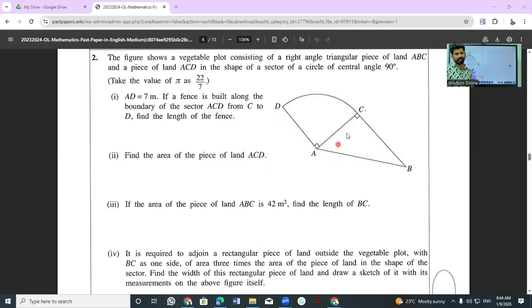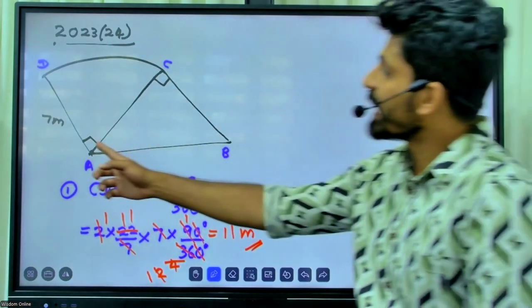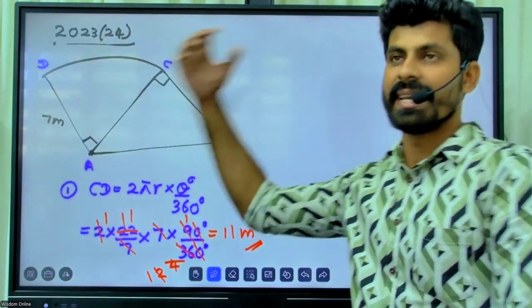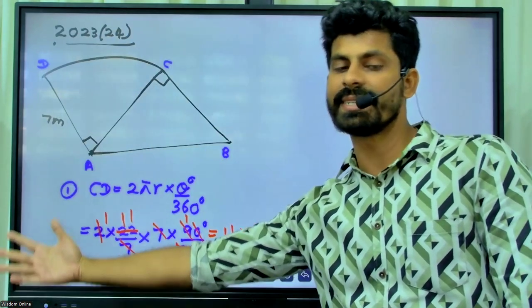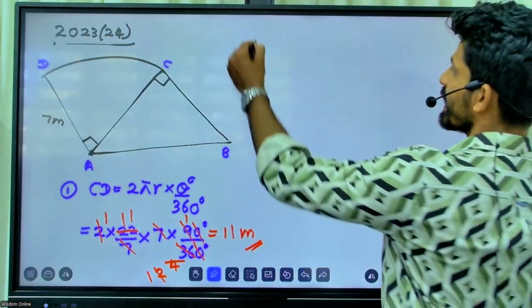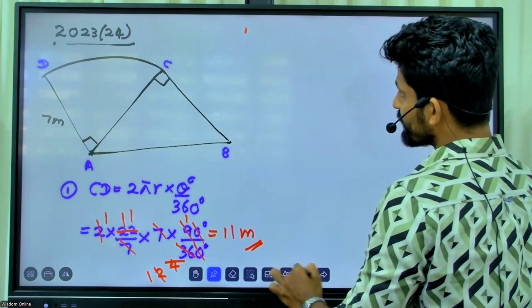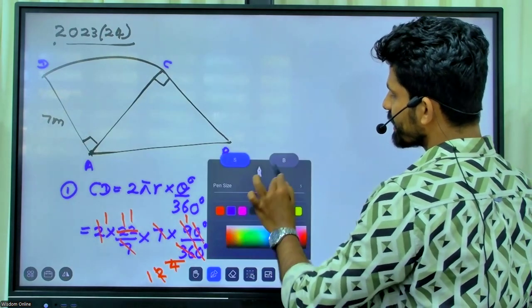Area of the land ACD means ACD is a sector.